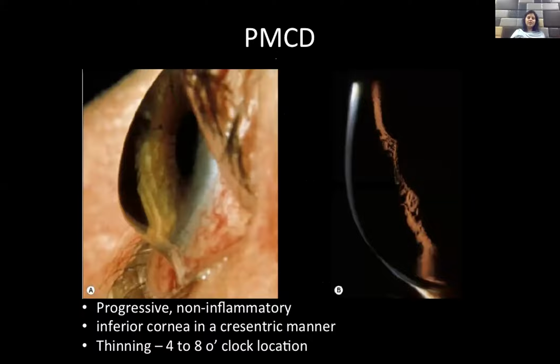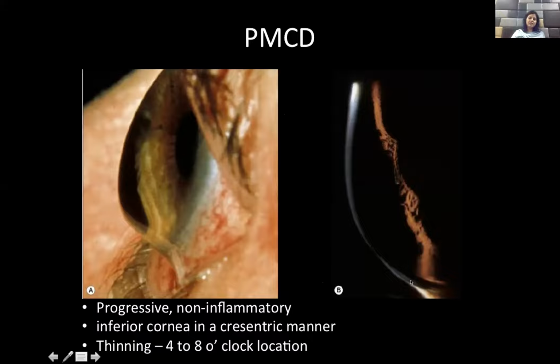So this is your classic pellucid marginal corneal degeneration, again progressive, non-inflammatory. Now in this, what happens is there is inferiorly, say from 4 to 8 o'clock position at the limbus, thinning, okay, which can be detected when you put a slit lamp in the scanning slit mode.